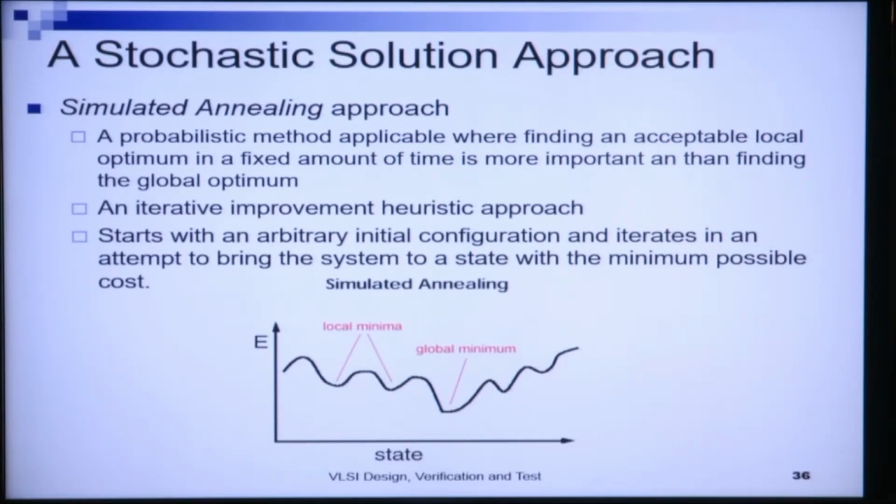Now it is not guaranteed that the simulated annealing process will always find the global optimum. However, it may find a local minimum, but almost always it finds a good solution which may be very close to the global minimum or global optimum that we have.